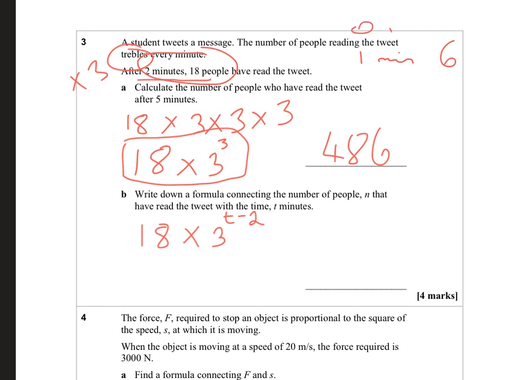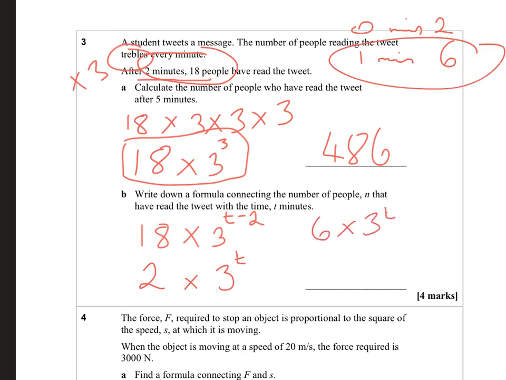And at 0 minutes, 2 people will have read it. So this is actually 2 times 3 to the t. They also allowed the in-between one with the 6 minutes, so you could have 6 times 3 to the t minus 1. This is nice because it shows the original value.